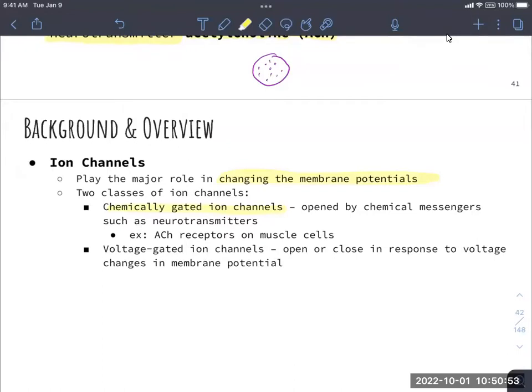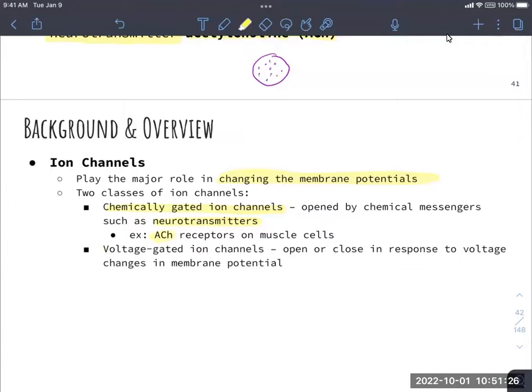They open, especially in muscles, when a neurotransmitter connects to that ion channel. That neurotransmitter, acetylcholine, is a ligand. Remember, when ligands attach to certain ion channels, they open that ion channel. And this is what acetylcholine does in muscle cells.